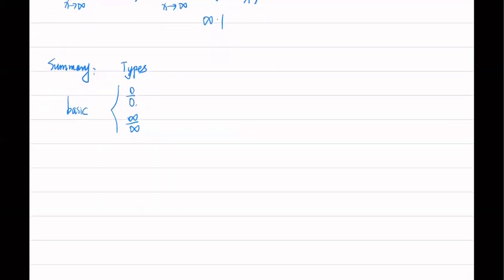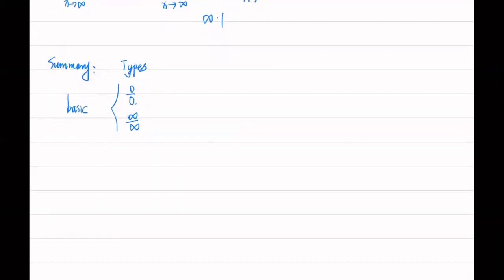These two we can apply L'Hopital rule directly. Then a slightly more general one: if it's the product, one goes to 0, one goes to infinity, we try to convert this to 0 over 0 or infinity over infinity. We want to see which one is easier, and we can apply L'Hopital rule.